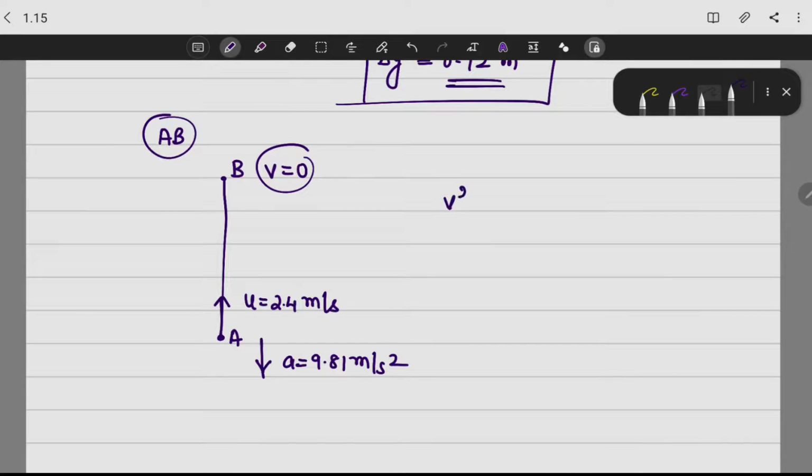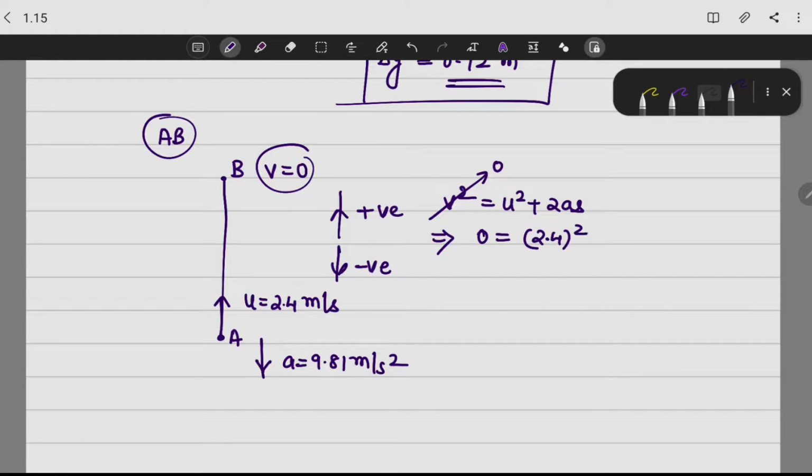So from the equation of motion, v square is equal to u square plus 2as. Let us consider the upward direction positive and the downward direction negative. Final velocity is 0, so we can write 0 is equal to 2.4 whole square, and acceleration is downward, so minus 2 into 9.81 into s. From here we can find s as 2.4 whole square divided by 2 into 9.81, so we get 0.29 meter.